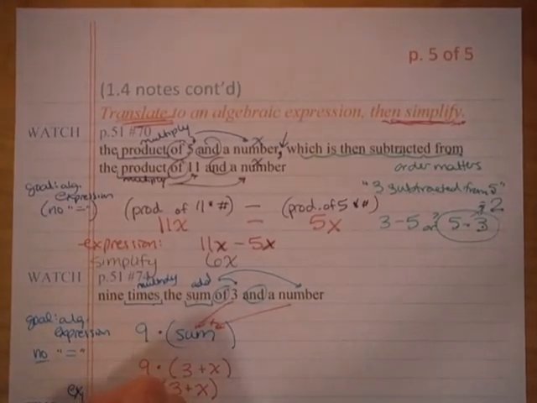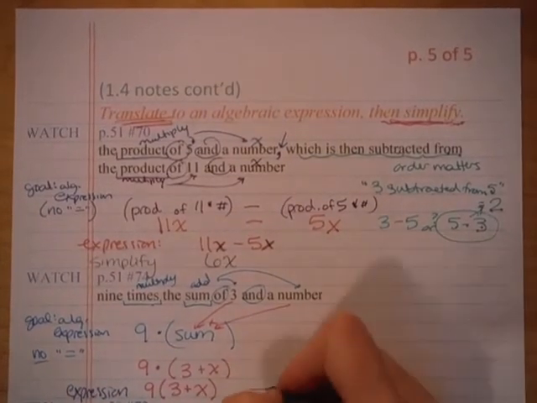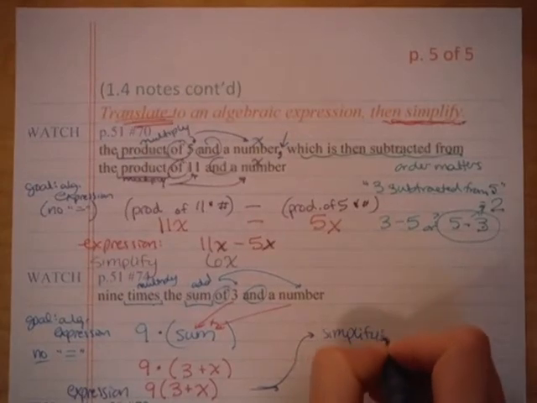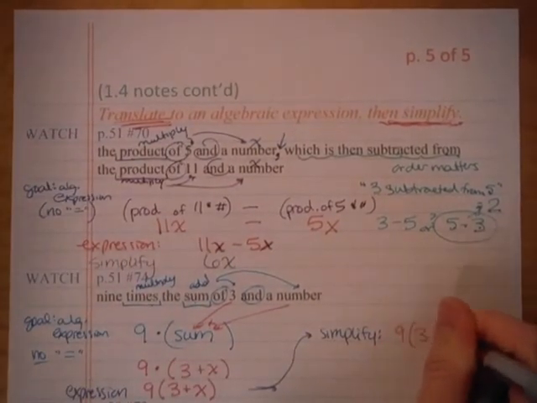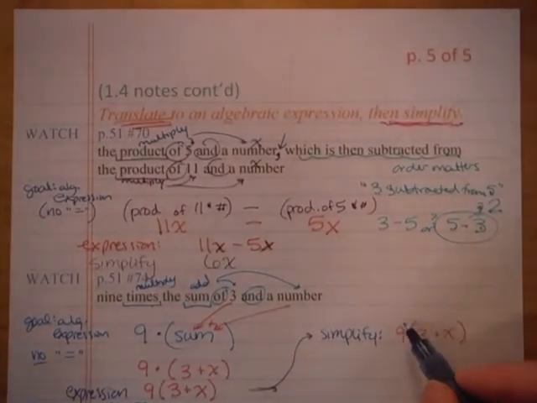So there's our expression. It took up just a little bit too much space there, so I'm going to come over here to simplify. I've got my 9 times 3 plus x, and again, simplify for our purposes means we're looking for two things. One, to get rid of any parentheses that we can.